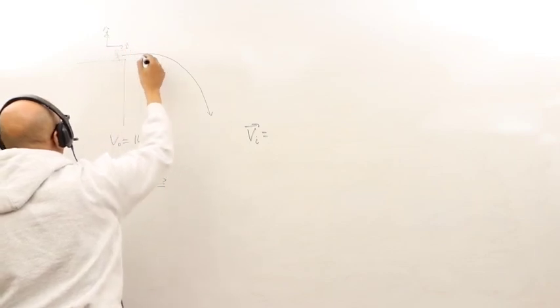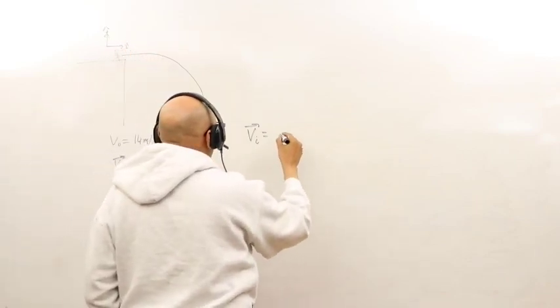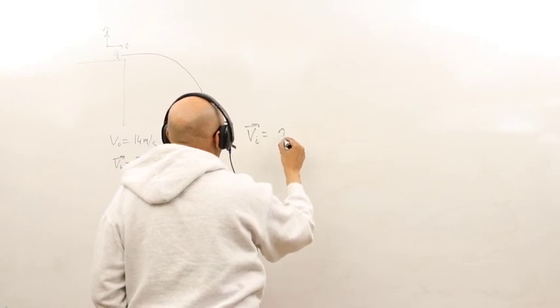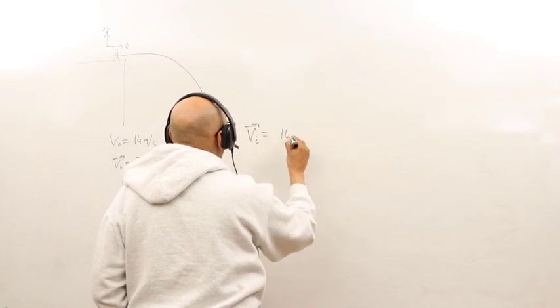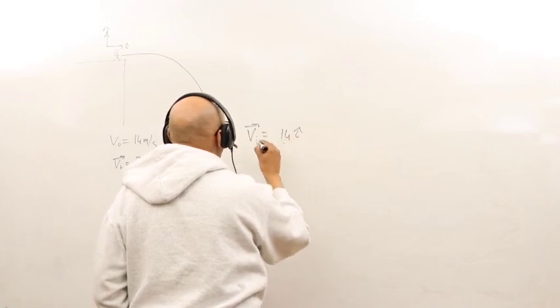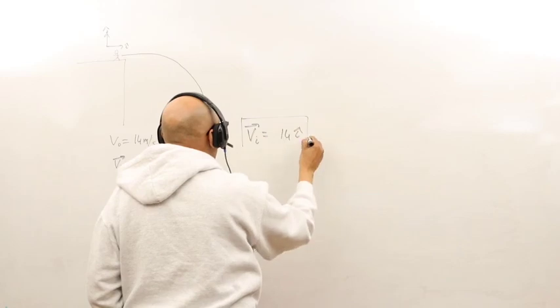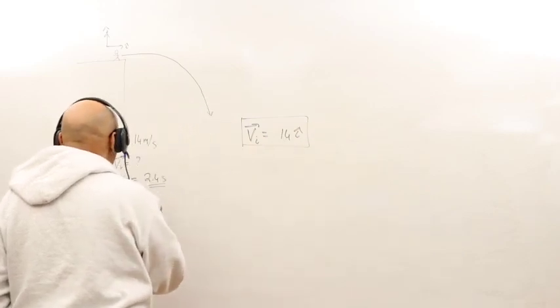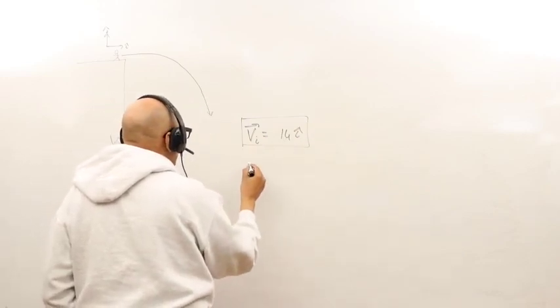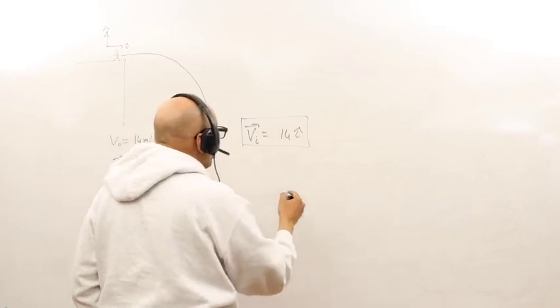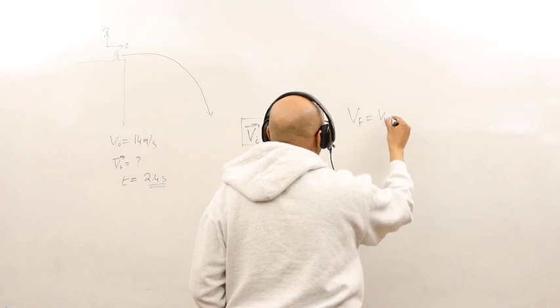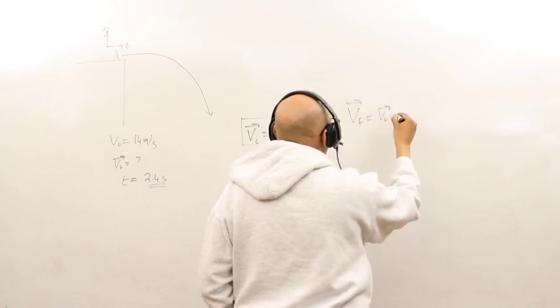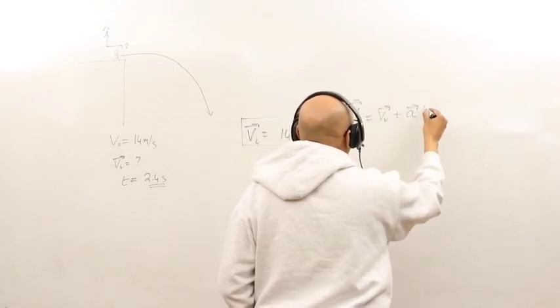So V initial is going to be 14 I hat meters per second. Acceleration due to gravity is g. So the equation you're going to be using is V final is equal to V initial plus acceleration times t.